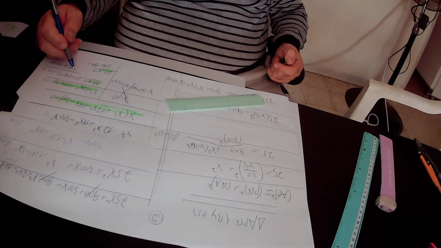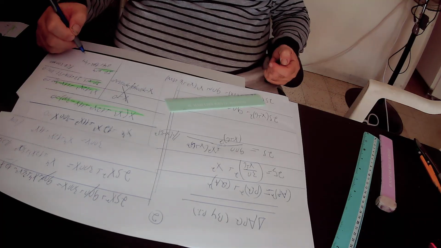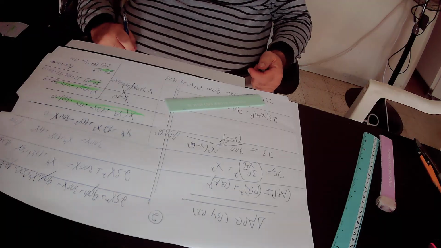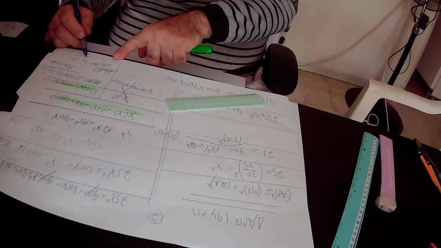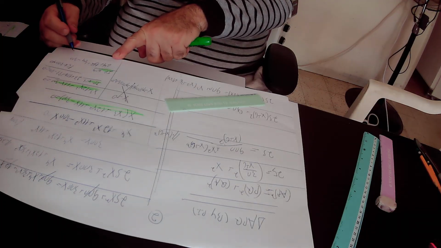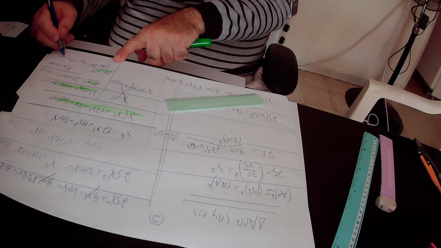X is 4, therefore 11x is 11 times 4, that is 44. Minus 300. So here we have 64 plus 44 is 108, and 108 plus 192 is 300. So 300 minus 300 equals 0.